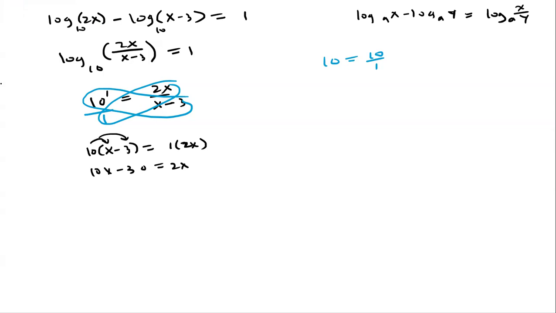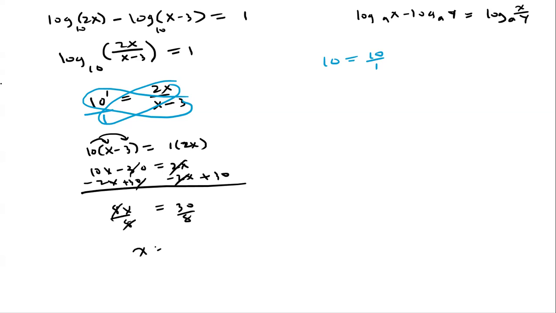Then we combine like terms: move the 2x here and add the 30 here. The 2x cancel, the 30s cancel, and we're left with 8x equals 30. Divide both sides by 8, so x gives us 30 over 8, or 15 over 4.